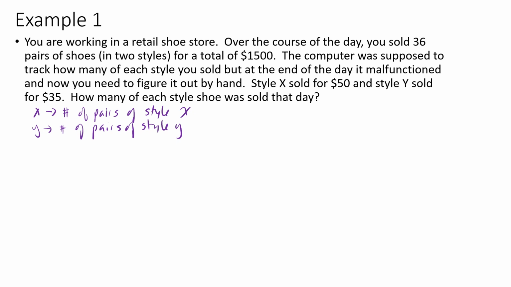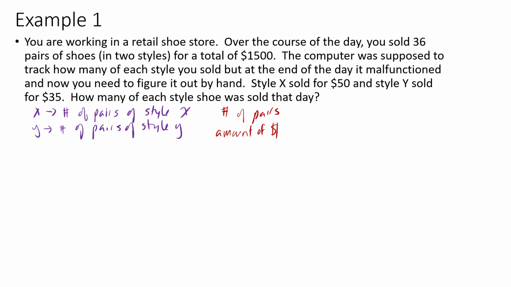Okay, now the two equations that we're going to write: we're going to write an equation for the number of pairs, and then we're going to write another equation for, not number, for the amount of money. So those are the two branches of information that we know.